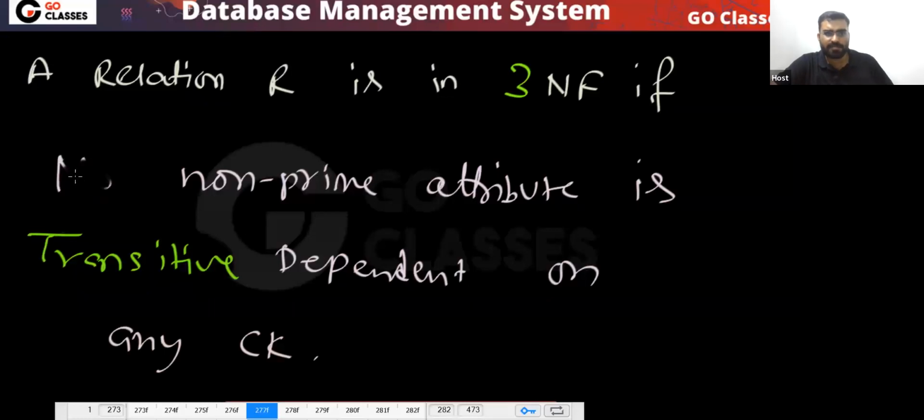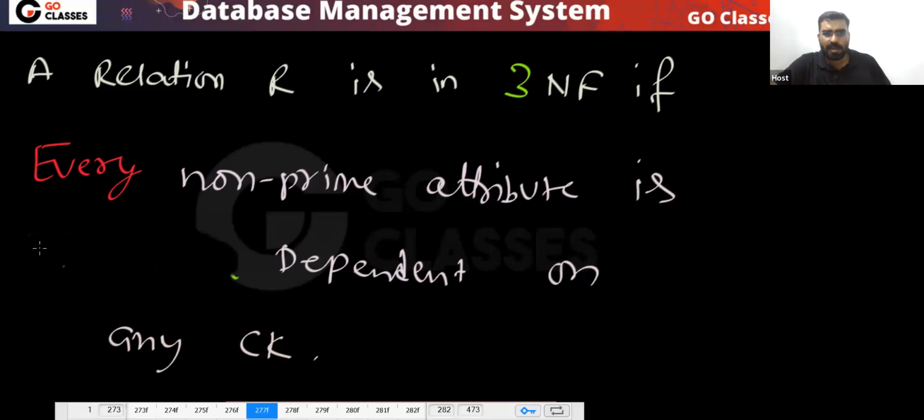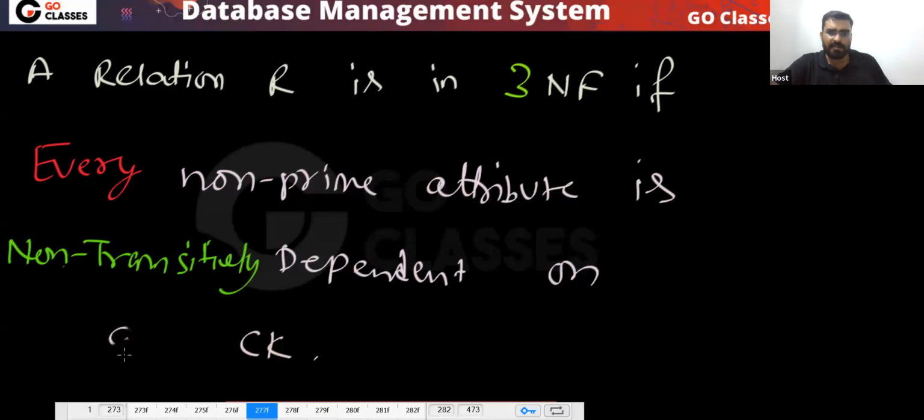Or I can say that every non-prime attribute is non-transitively dependent on every candidate key. This is the definition of 3NF.